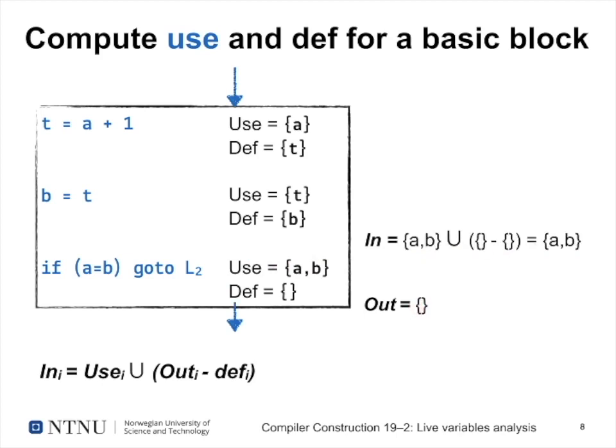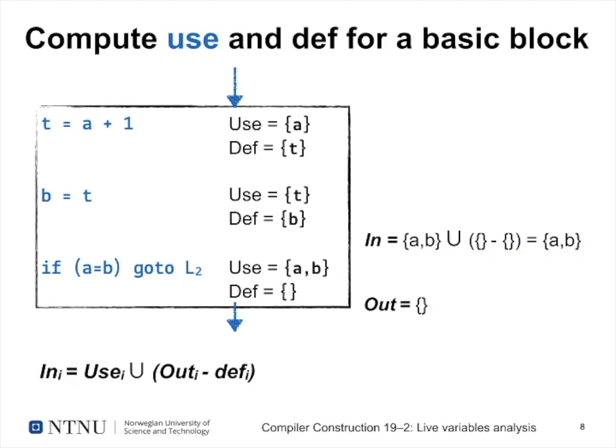We get in equals our use, AB, joined with out, which is the empty set here, and def is the empty set here. So AB joined with the empty set, of course, remains the set of A and B.